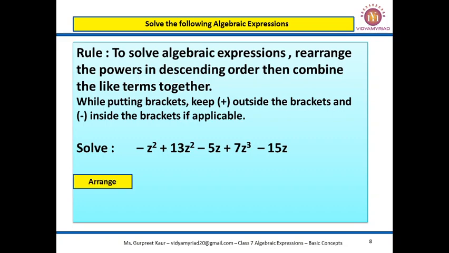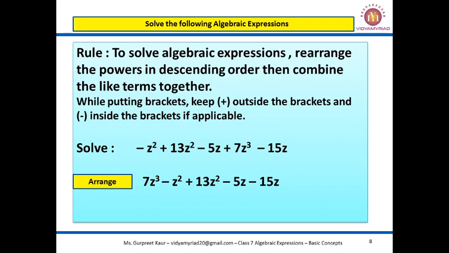So let us first arrange it in descending order, that is, the highest power will come first and then we go to the lowest. According to the sequence, we got 7z cube minus z square plus 13z square minus 5z minus 15z. There is no problem with the numbers, just take care of the powers.